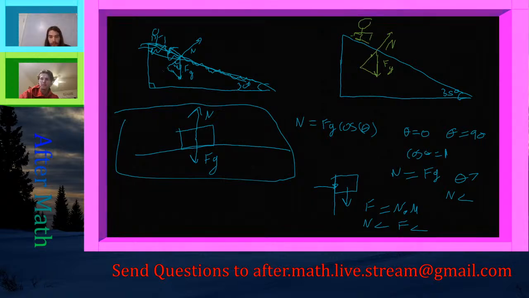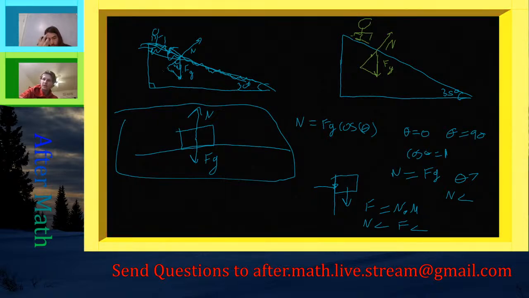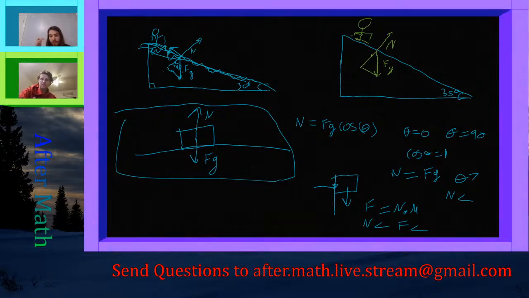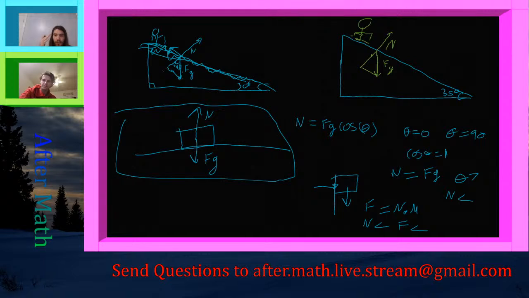So you have less friction holding the snowpack back up the mountain, and the force of gravity is pulling it down the same, but there's less of a normal force, so there's less friction holding the snow back up, and so it's able to more easily slide.